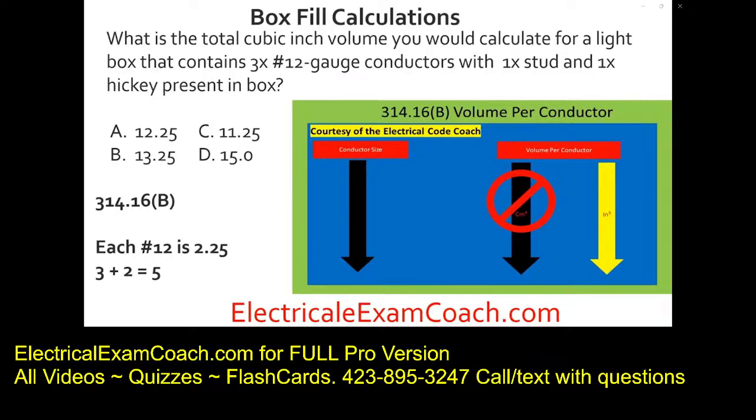Our code states that for each stud and each hickey, they count as 1 each based off the largest conductor that's in the box. In this case, we only have number 12s, so they're going to be grouped with the 12s. So that lets us know that we have a total of 5 number 12s. That's what I meant by we're converting everything back to conductors, and then we can do our multiplication. We take those 5 number 12s, multiply it by the cubic inch volume for 12, and we end up with 11.25 cubic inches, and we would select C.